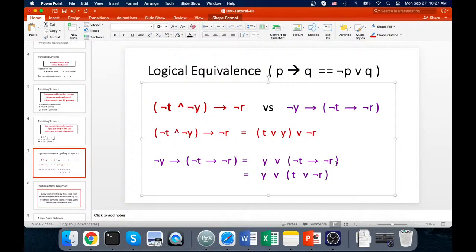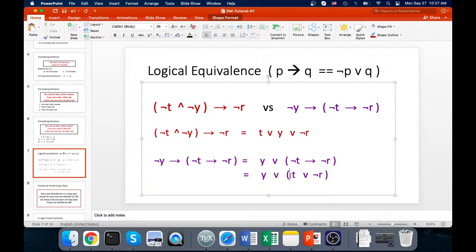Okay, are they the same? So this is the red one, right? T or Y or not R. The second one is Y or T or not R. But because or is associative and also commutative, all of them are or, so we can take away this bracket.